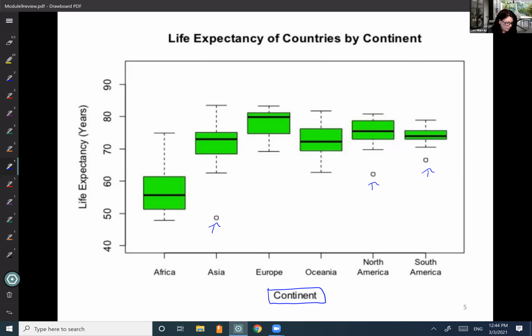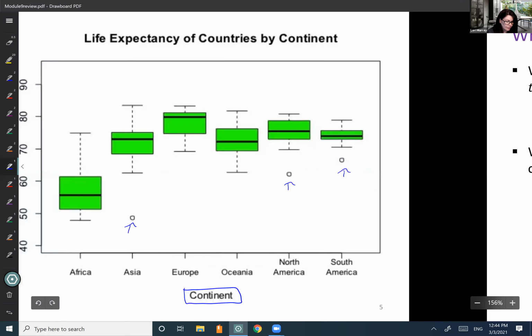Remember, the center line for each of these box plots is the median, but we can still see visually that there is a difference. But is it just due to chance, or are they statistically significantly different? That's the life expectancy along the vertical axis for each of the continents along the horizontal axis.